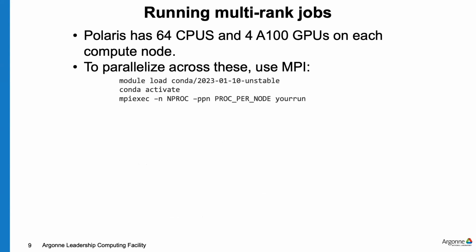When you log into the interactive node, you're logging into a compute node. It's a simple example of running mpiexec, and then you ask for the number of processes that you want to run. You can also ask for multiple nodes on Polaris, so you can use processes per node, which indicates the number of processes on each node, and then you run.